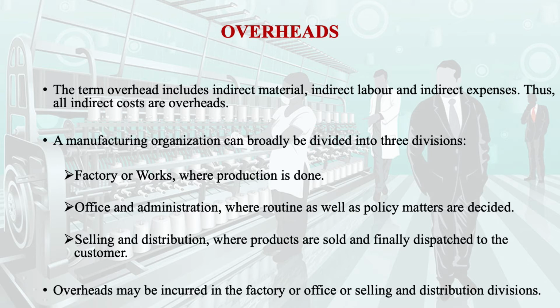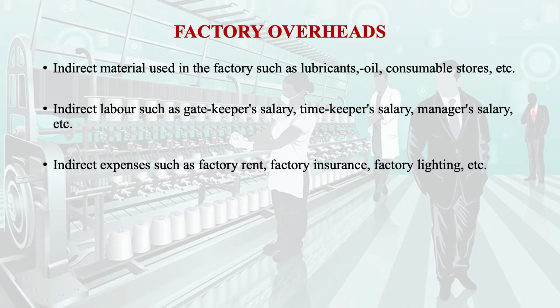Overhead may be incurred in the factory, office, or selling or distribution division. Now, if we talk about factory overheads, indirect material used in the factory, such as lubricant, oil and consumables, come under factory overhead.